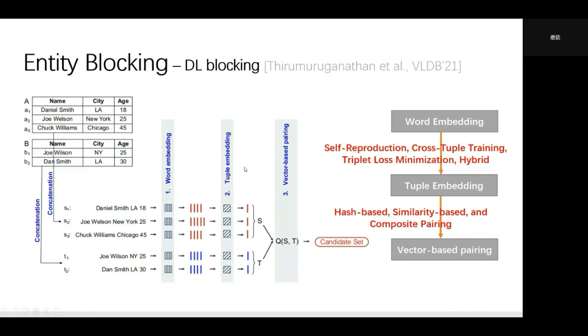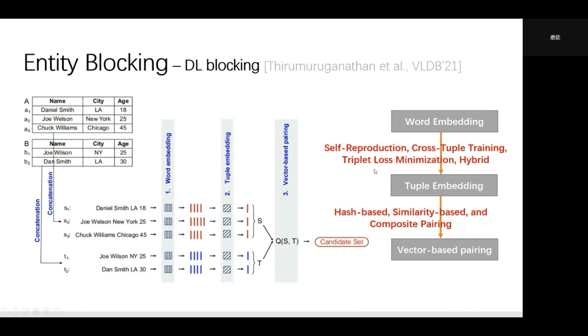And then after that, we use a neural network model with some strategy such as self-reconstruction, cross-tuple training, triplet loss minimization, or a hybrid strategy to transfer the matrix into a tuple embedding.